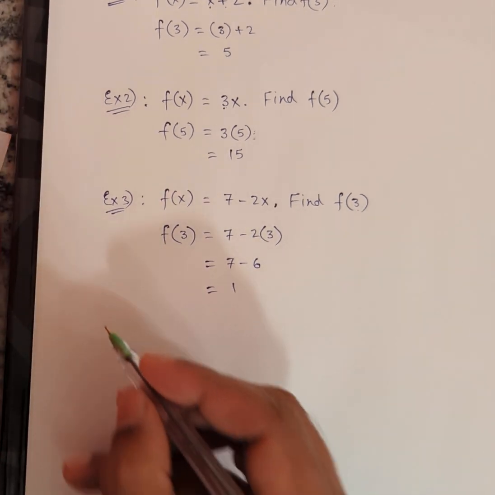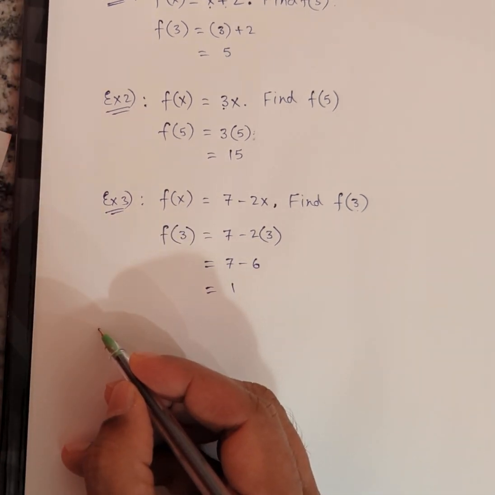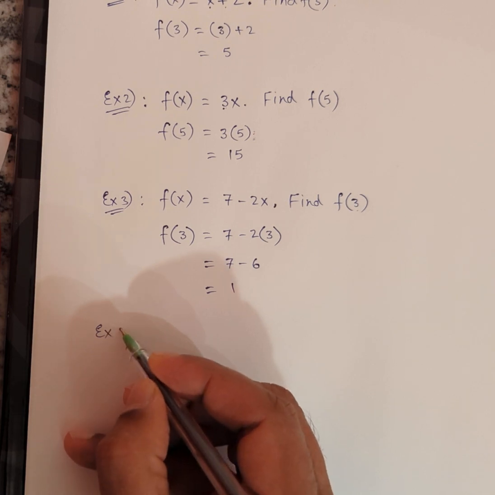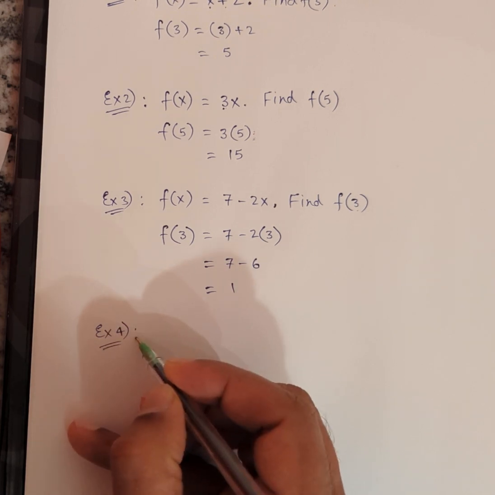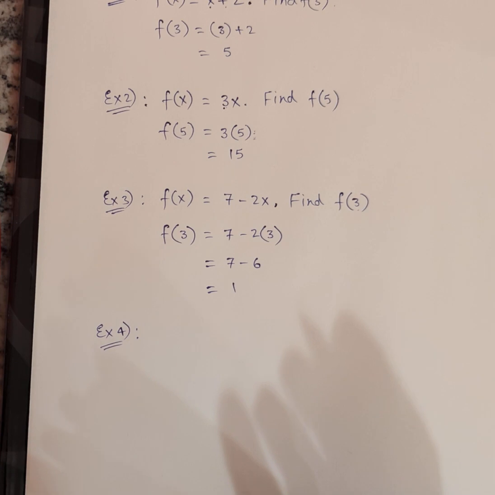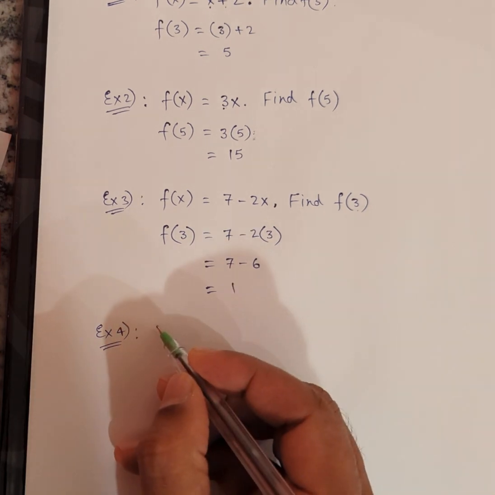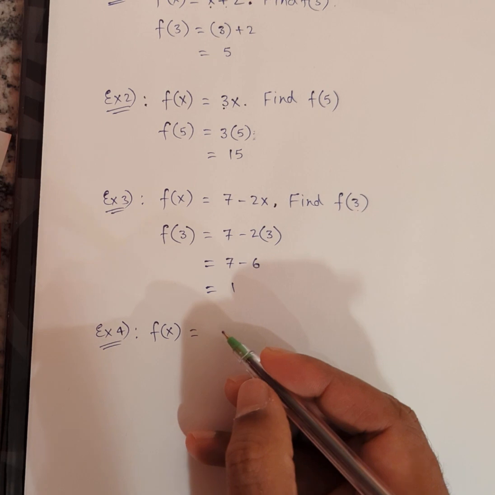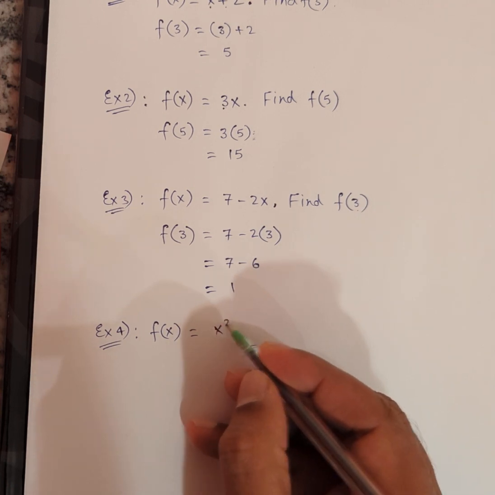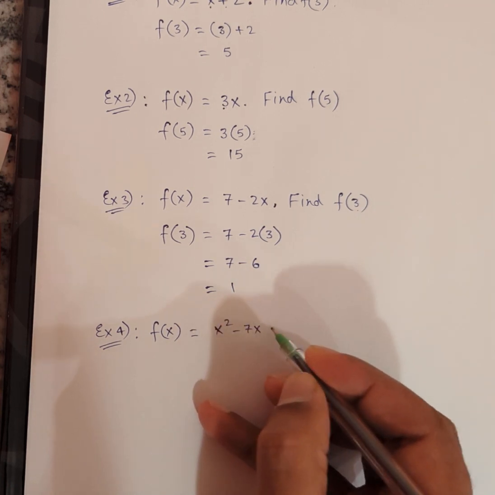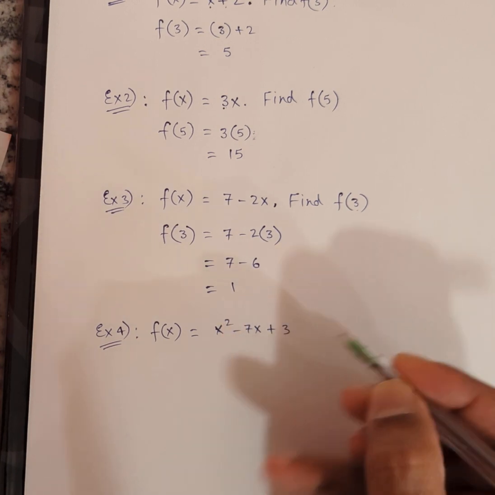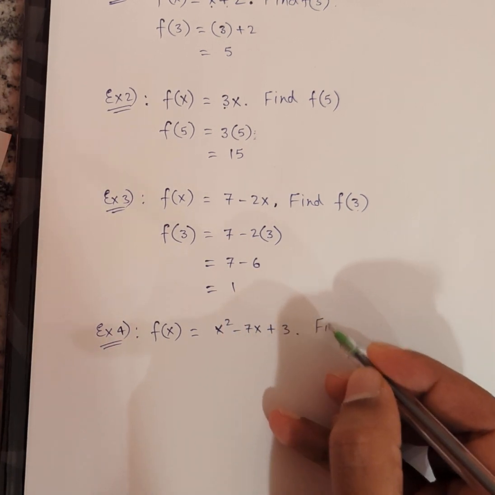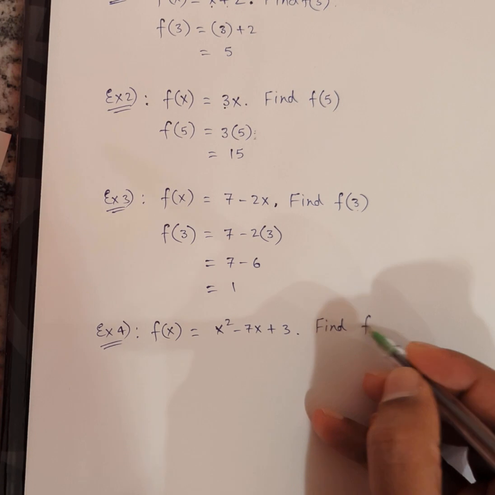Now, I'm going to write down one more example, and via this example, I'm going to tell you what exactly you could do in any given problem to avoid mistakes. So if you're given a function like, say, x squared minus 7x plus 3, and say the question is find f of 2.